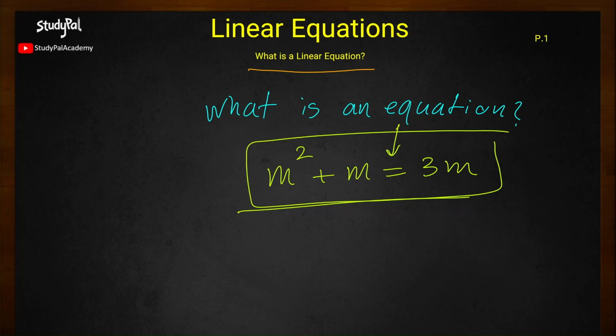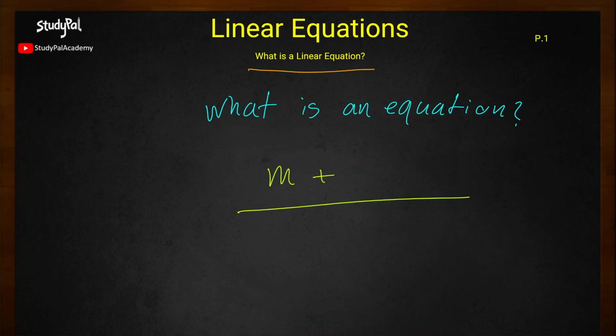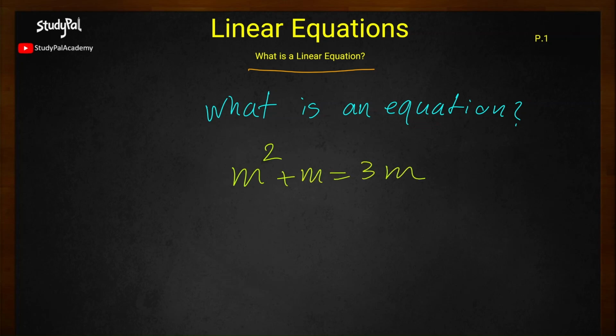What is a linear equation? I told you that in our equations we have a variable. For example, in this equation, m squared plus m equals 3m, our variable is m. You need to look for the largest power of your variable. Here it is 2.